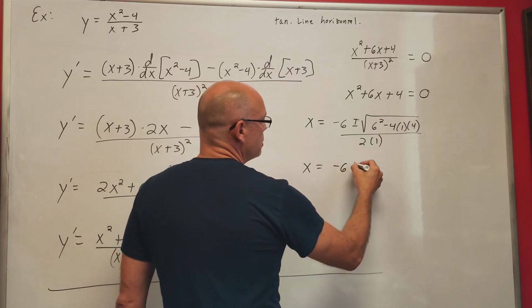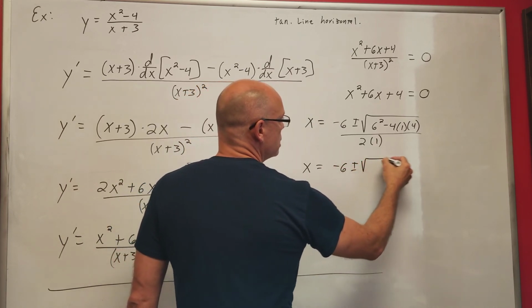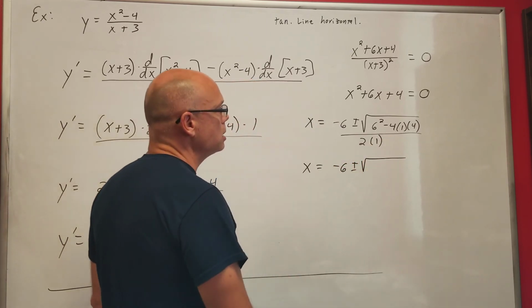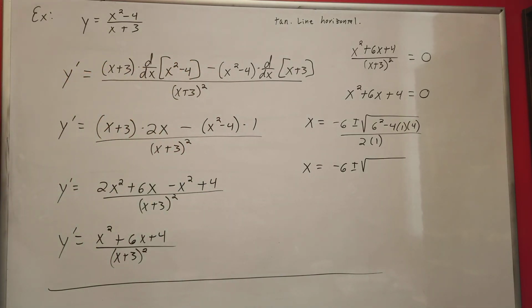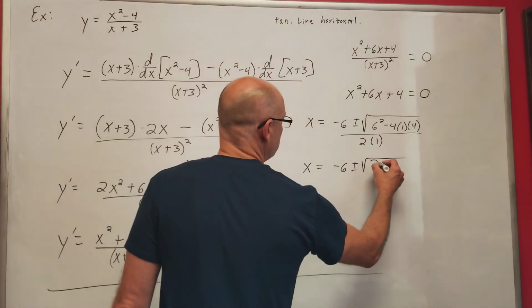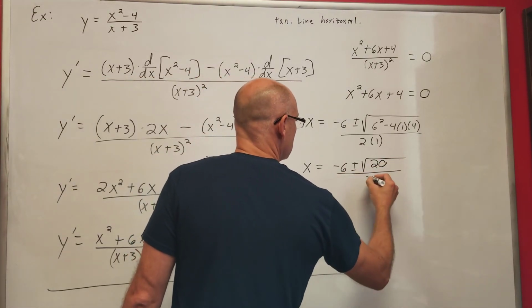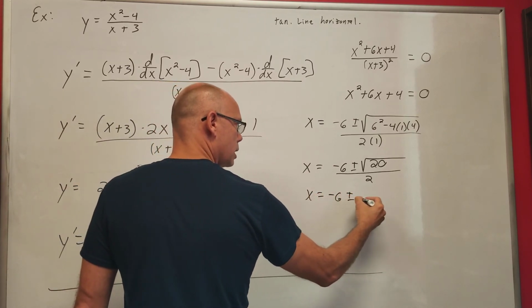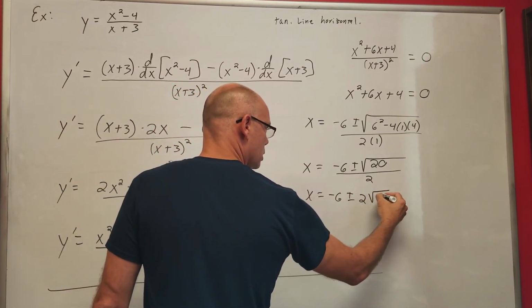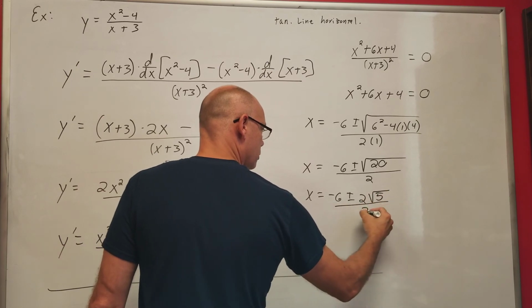All right, so we have negative 6 plus or minus the square root. What is that? 36 minus 16 is 20 all over 2. So x will be negative 6 plus or minus 2 square roots of 5 over 2.